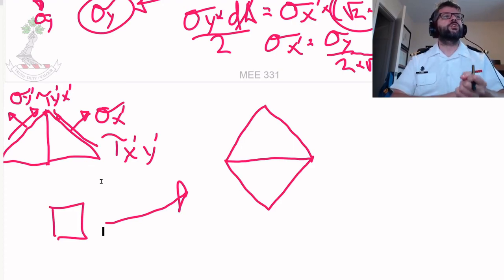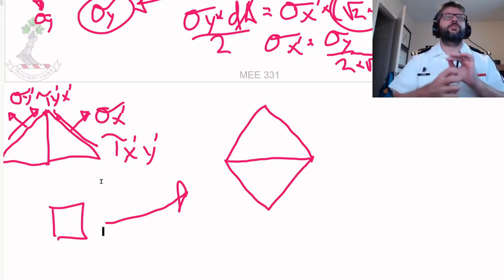So only compression and only tension on that cube based upon what orientation we give it.